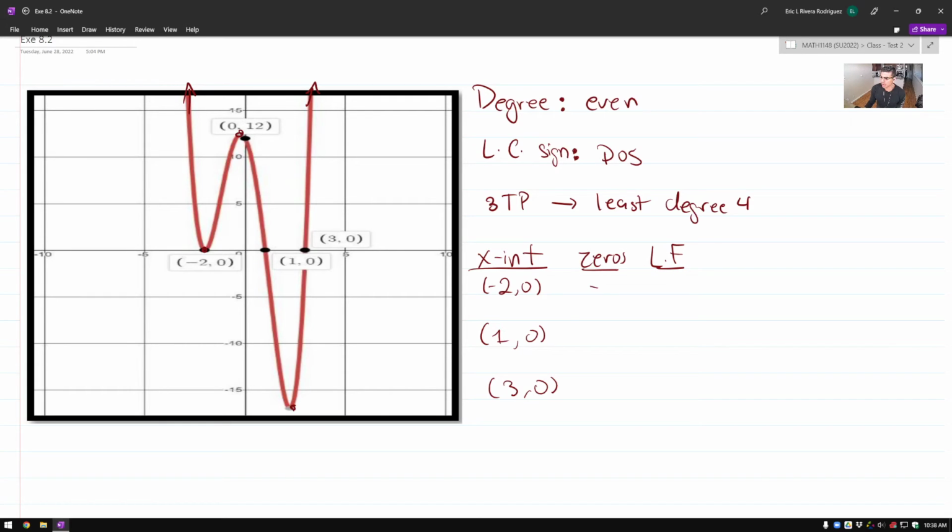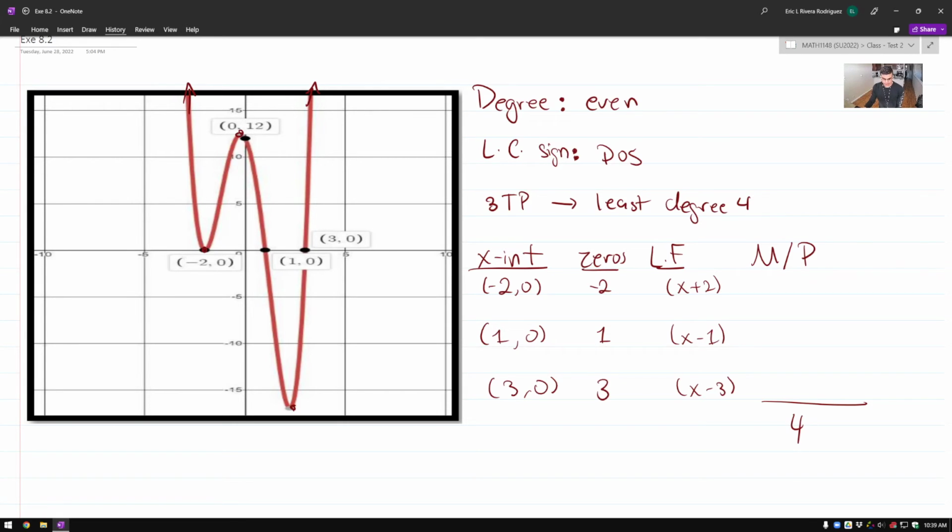So we have negative 2, positive 1, 3, so the linear factors are x plus 2, x minus 1, and x minus 3. Now, if we decide for the degree to be 4, with multiplicity or power, we need to find the value of the exponent of each factor.